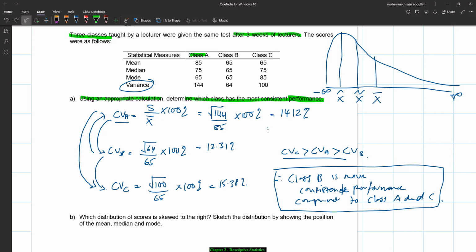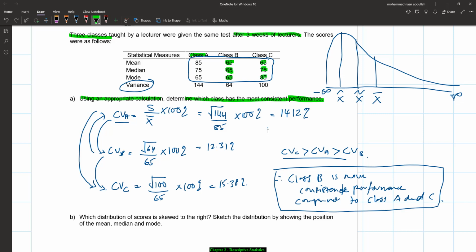So look into this result. Which one has the largest mean compared to others? So here mean, mode and median are the same, right? So this is what we call normally distributed or symmetrical distribution. And if you look at this one, mean is the smallest compared to mode and median.